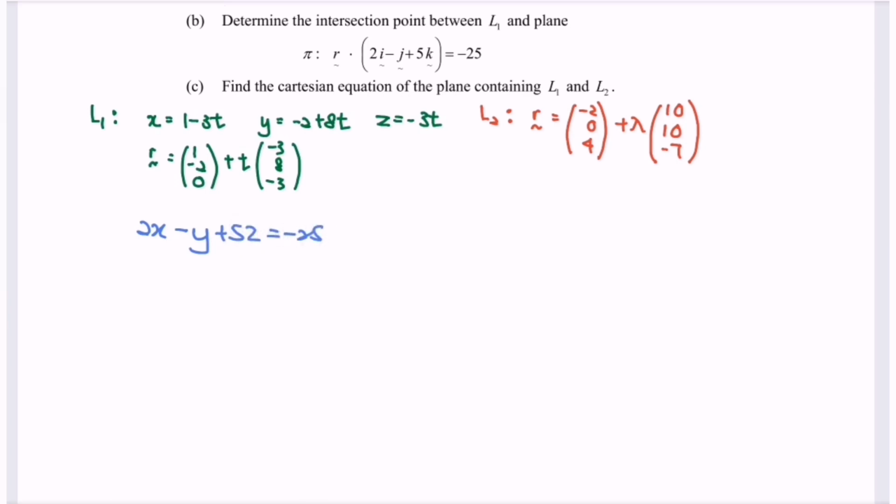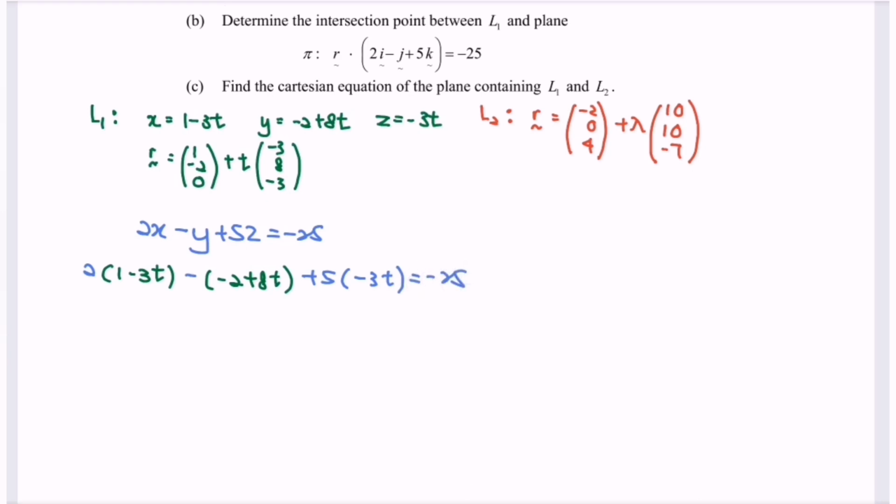So kindly substitute x: 2 times bracket 1 minus 3t, minus y, which is negative 2 plus 8t, plus 5z, where z is negative 3t, equals negative 25.